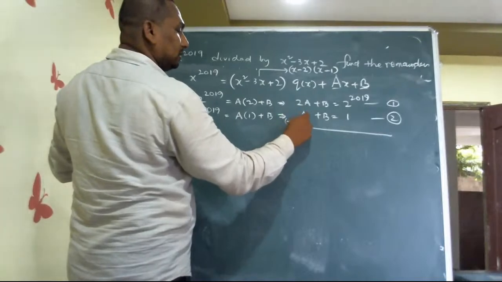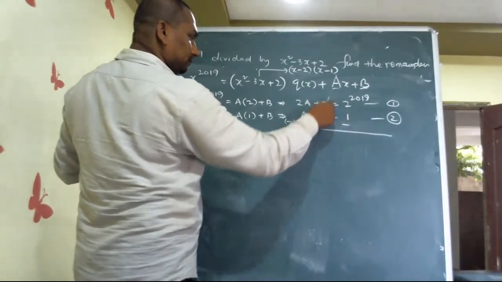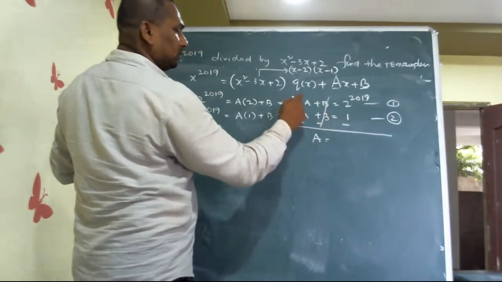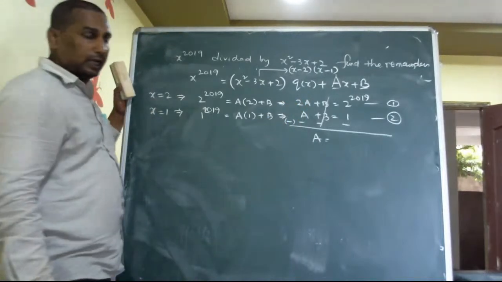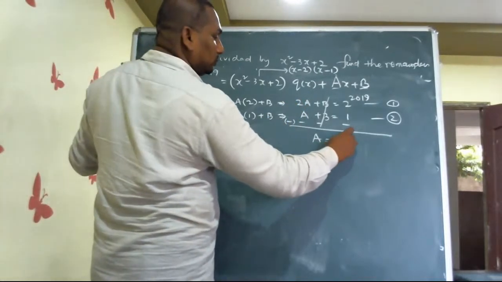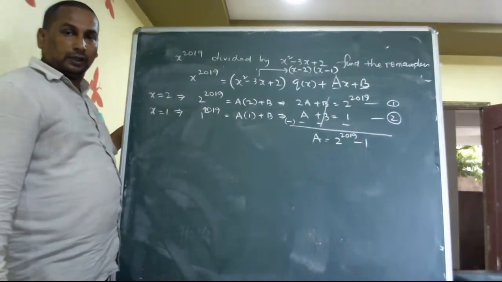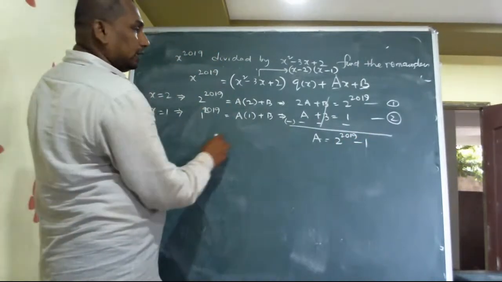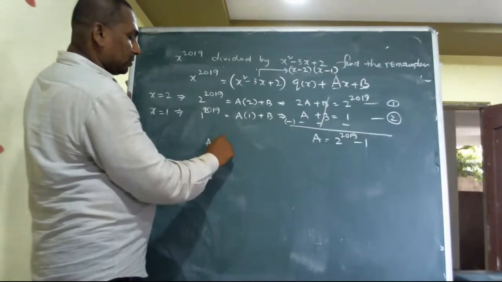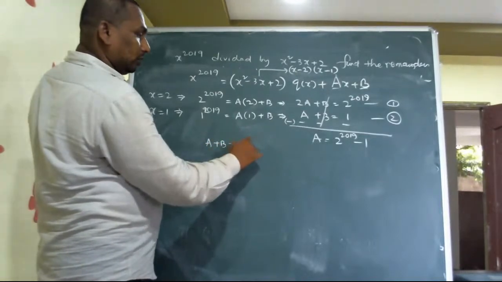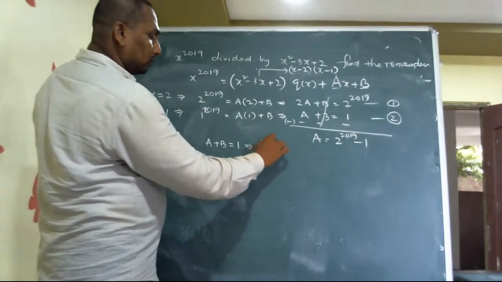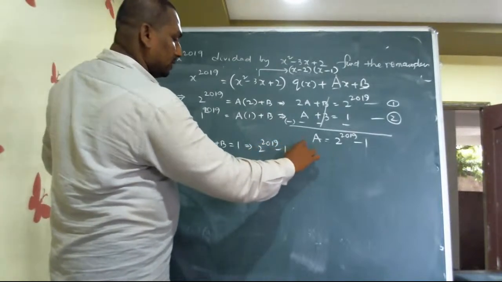Subtraction takes place. These two get cancelled. 2a minus a, that is a, is equal to 2 power 2019 minus 1. That is the value of a. By taking a plus b is equal to 1, you know the a value: 2 to the power of 2019 minus 1 plus b is equal to 1.